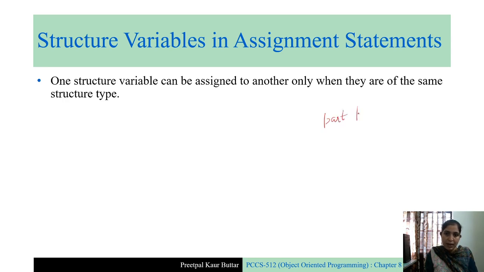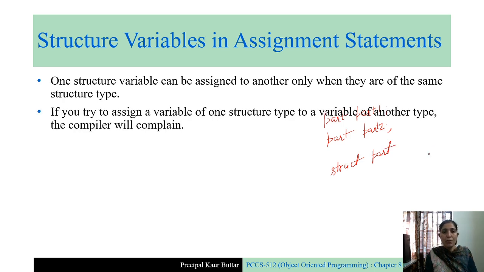Both part1 and part2 are of the same type. Their type is part, or to be concise, struct part. If you try to assign a variable of one struct type to a variable of another, the compiler will give you an error.